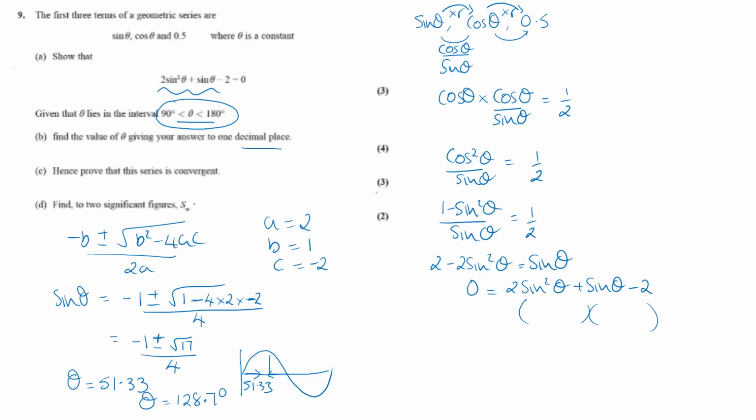Right, part C, hence prove that this series is convergent. It is convergent if our R is between -1 and 1. So what is our R? Our R is cos theta over sine theta. So if you just do cos of 128.7 divided by sine of 128.7, that comes out to be -0.8.